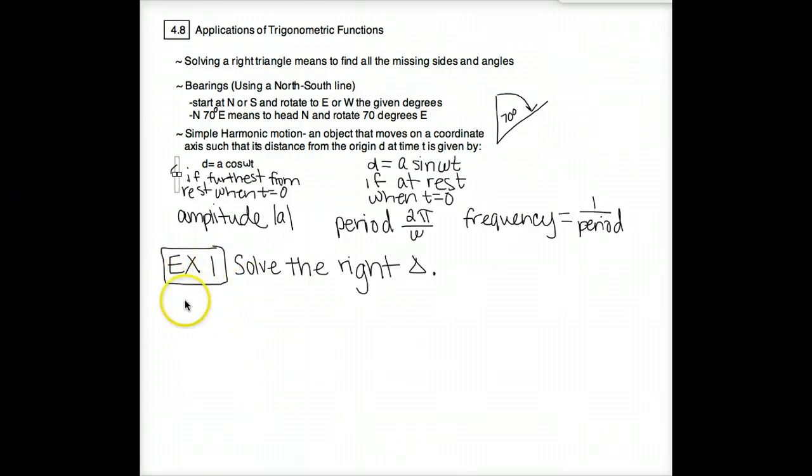So I don't know why I can't get the color to change. But anyway, we're going to look at 2 of these types. Sorry about my horrible drawing skills there.